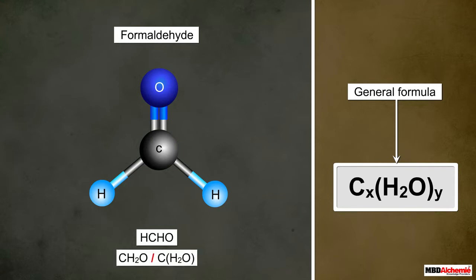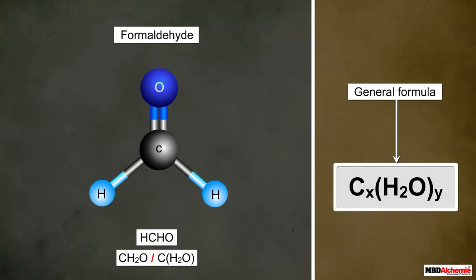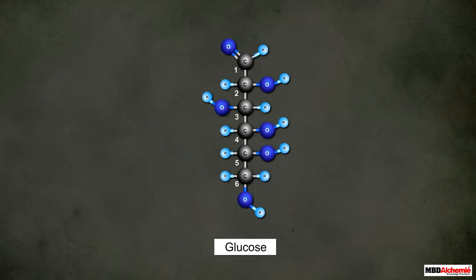So, to overcome these confusions, carbohydrates were then defined on the basis of some other common characteristics. Let us know about these common characteristics of carbohydrates one by one. For that, we have to get back to the structure of glucose and fructose again. A glucose molecule, as you can see, has two functional groups.